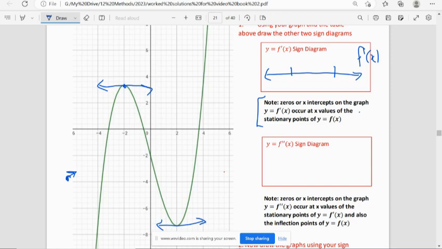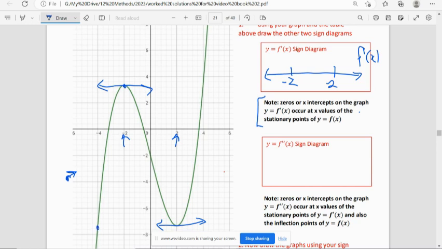There's another one here. One here, and that's at x equals -2. And one here when x is 2. So basically where your stationary points are, they are the zeros, or the points you mark on your number line. I guess now we need to look at the derivative signs before and after -2.